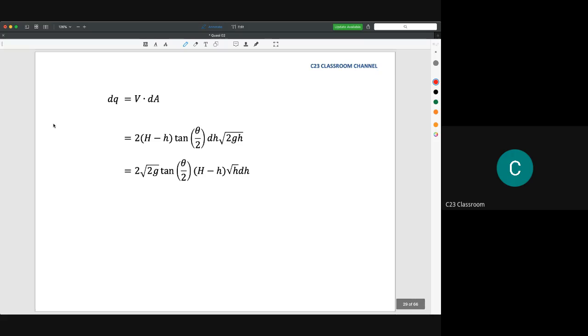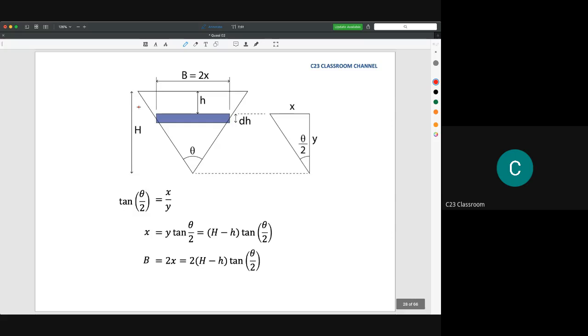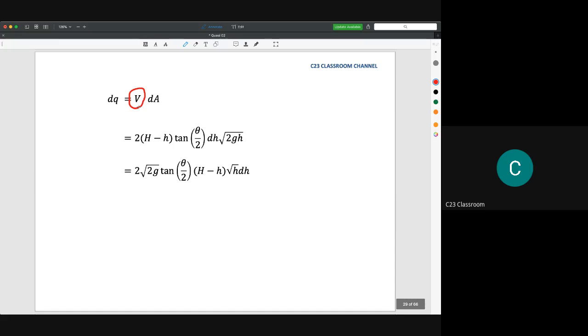Okay, so and then we substitute the value of V. Okay, we calculate the value of V previously. Alright, so the value of A here is actually, this is the value of B, and then A is B times dH. So this is the thickness.